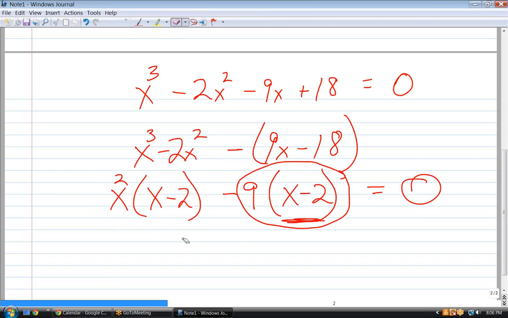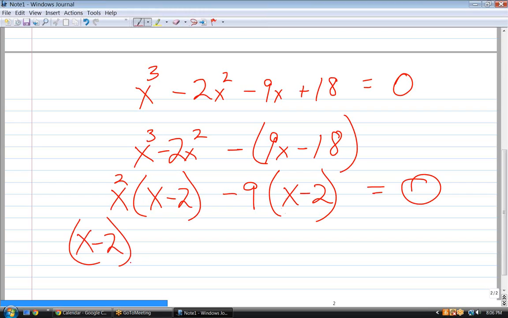As long as you have a term that divides evenly into both terms, you can factor it out. That's what I'm factoring out. What's left over? Nothing. Huh? Nothing. No, when I factor it out, I'm dividing it into each term. So x squared times x minus 2 divided by x minus 2 is what? In other words, this is what's left over.